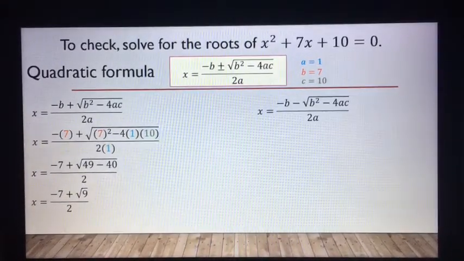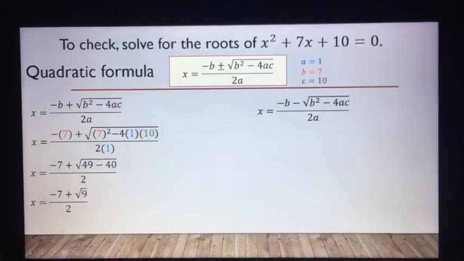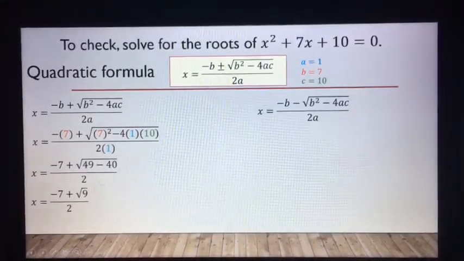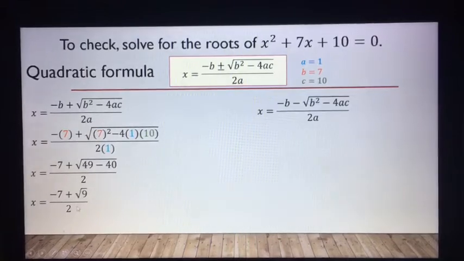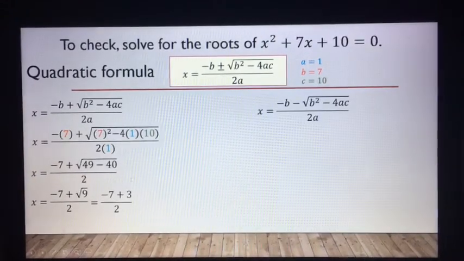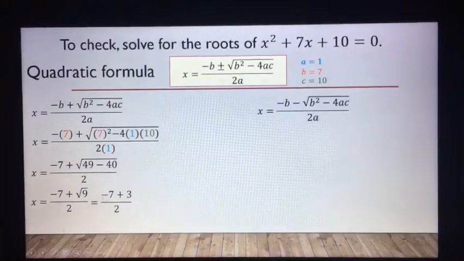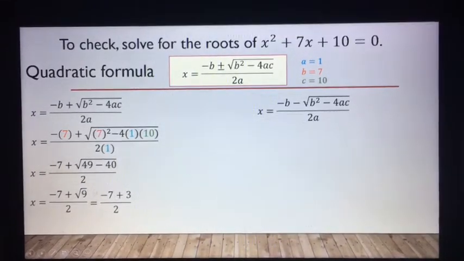Next is negative 7 plus square root of 49 minus 40. That is 9. Copy the denominator 2. So, the square root of 9 is 3. Ito po yun. Kinapi muna natin yung negative 7 plus the square root of 9 is 3 over 2.